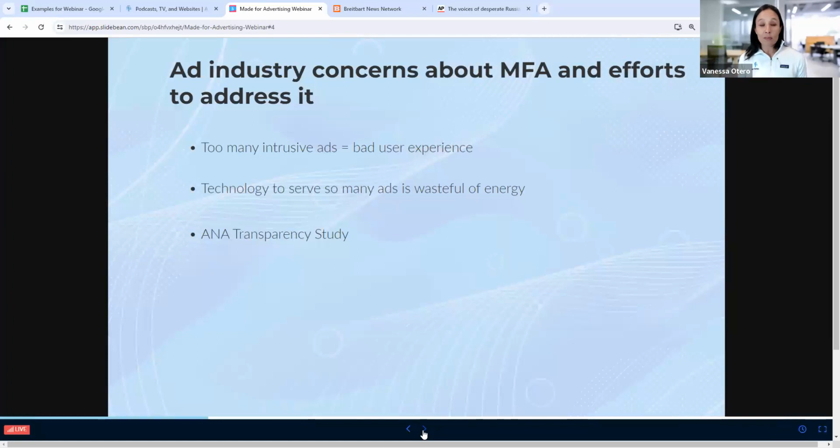So one of the biggest industry efforts earlier this year, I know we have some folks on this call who were big participants in that study, is a really important study by the Association of National Advertisers. The ANA transparency study, the first look study, measured all sorts of things about the programmatic advertising ecosystem. One key finding: the programmatic marketplace is an $88 billion a year marketplace.